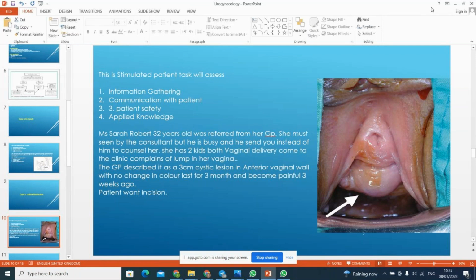Okay, so with the complications, you must mention that there is complication like could be infection, there are stitches, there is pain, could be bleeding at the surgery. After the surgery, she may have a narrowing in the water pipe, recurrent urine infection, leaking after that.